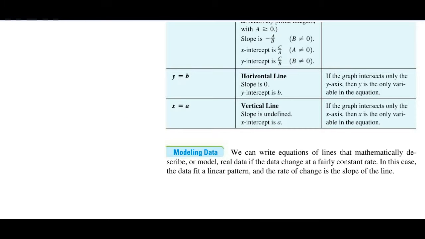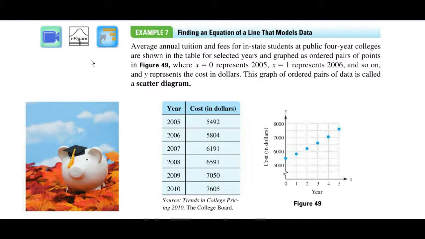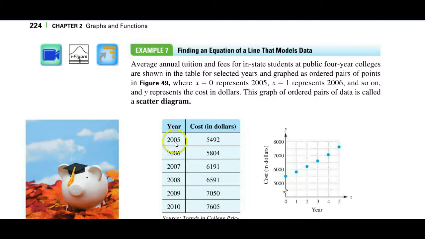Okay, we're going to take a look now at modeling data and then finding an equation of a line that models data. So here we have years and cost. So I don't know if you can see, this is time and then this is amount.